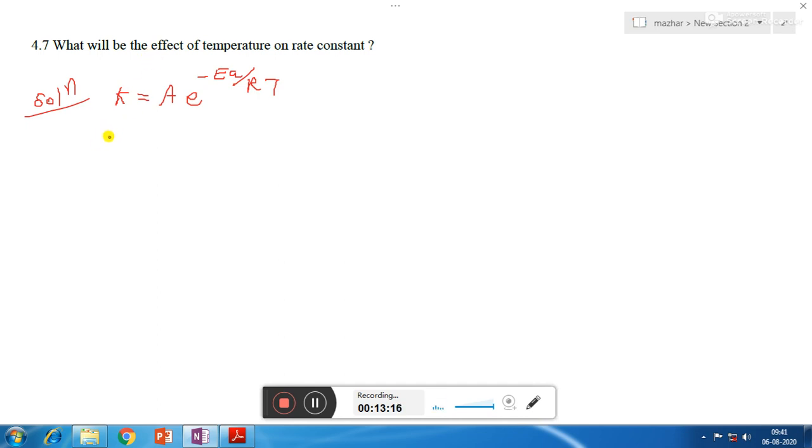From the experimental data it has been found that with 10 degree rise in temperature, if temperature is increased by 10 degrees Celsius, or we can say 10 Kelvin, the rate of reaction is nearly doubled.